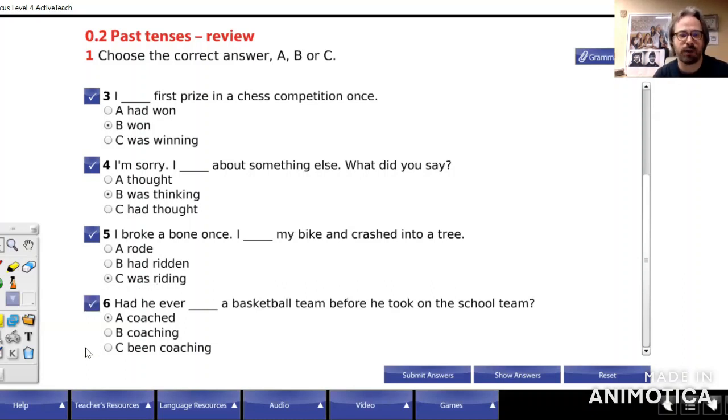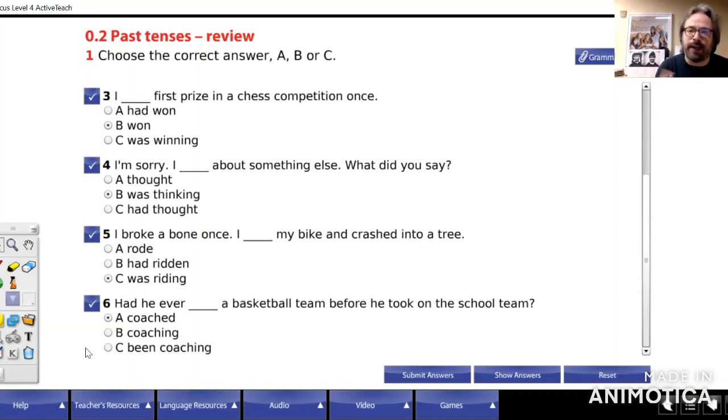And let's say what they say is, had he ever coached that? Was there a moment where he did that, right? And you can't say been coaching in this case because there's no context between the first sentence and the second sentence, if you remember that from the crying. So she had been reading a book, and because of that, she started crying.